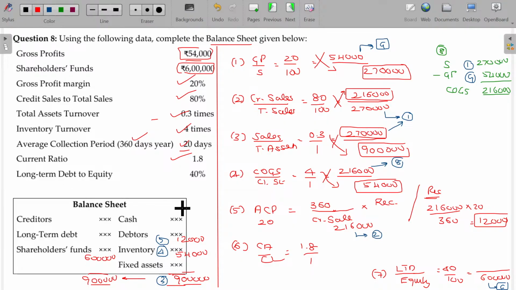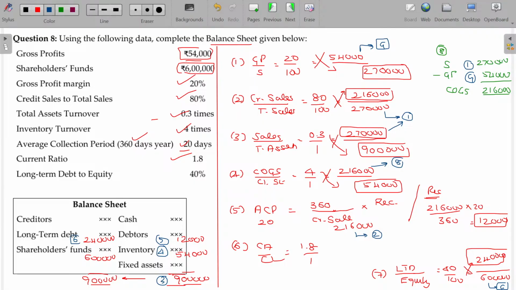Now, current assets and current liabilities relations. I don't have the current assets and current liabilities, I cannot solve this now. So I try to solve it for the 7th one. In the 7th one, we can calculate the long-term debt easily, 2,40,000 rupees. Here the value being 6.